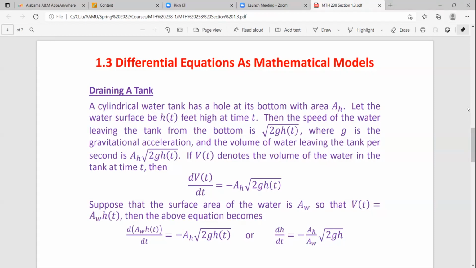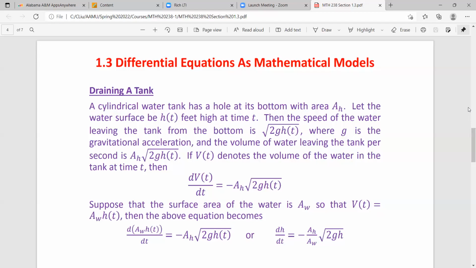So g is a constant. And the volume of water leaving the tank per second will be the area of the hole at the bottom, A sub H, times the speed of the water. So that's how much water is leaving the tank per second.